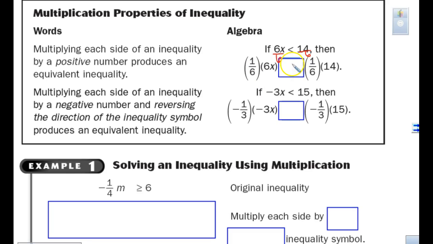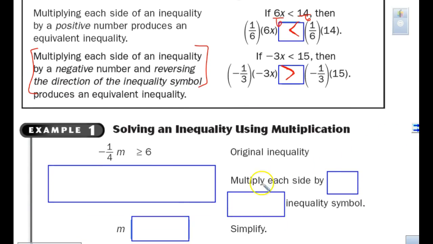And the question is, should we change our inequality? No, we multiply by a positive number. But if we multiply by a negative, and we started with less than, this has to switch to a greater than. Okay? So the key thing is multiplying or dividing by a negative, we have to switch the sign.